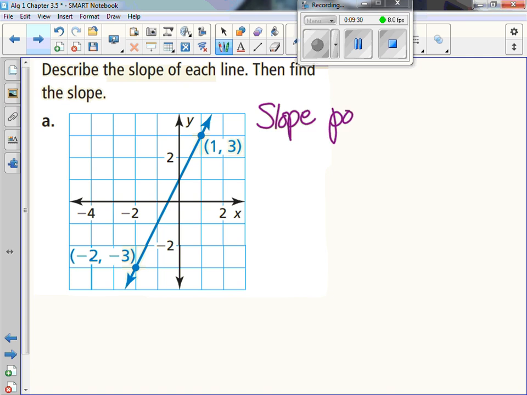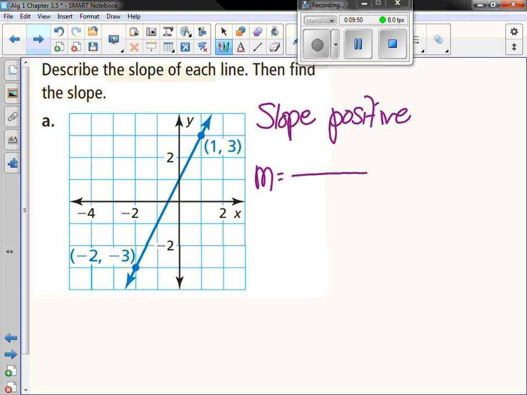So the slope is positive because it is going up as we go from left to right. It is increasing.